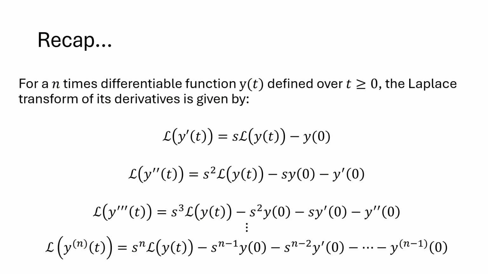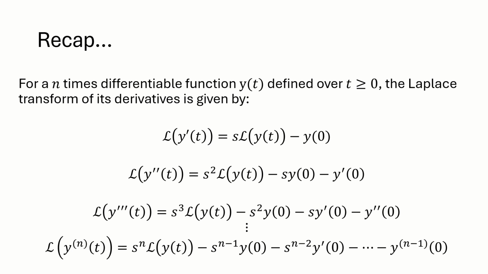The differential equation is based on y of t, which will involve derivatives of y. It could be first order, second order, or third order, and we want to convert that to an algebraic equation as explained in the last flow chart.